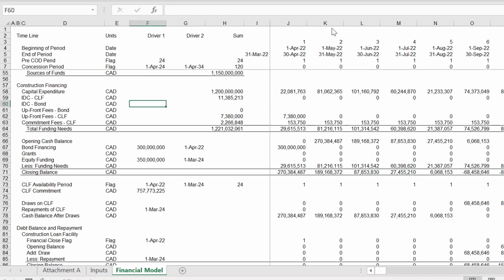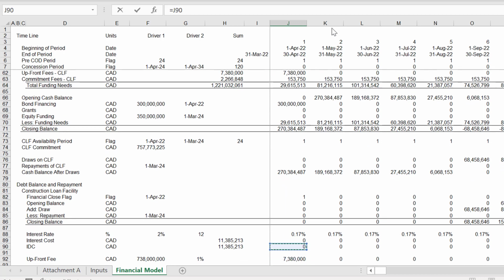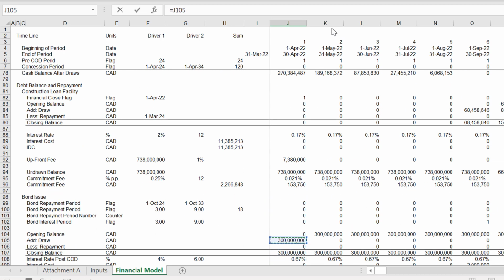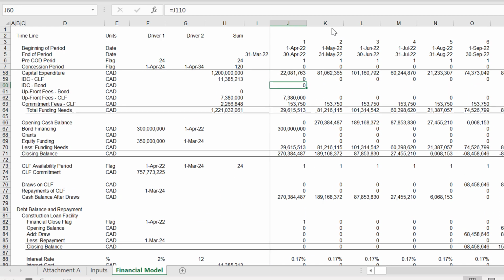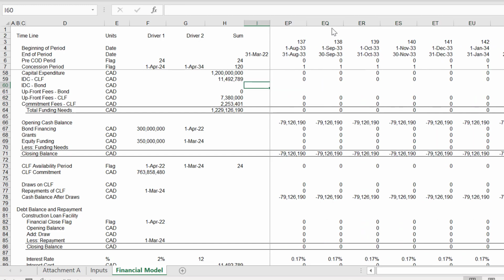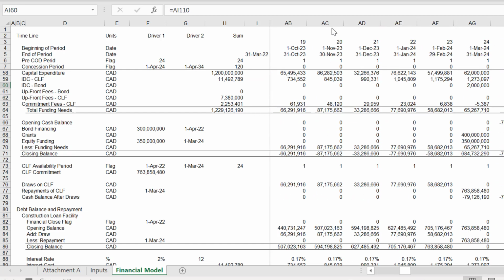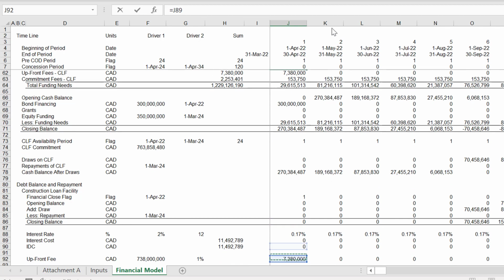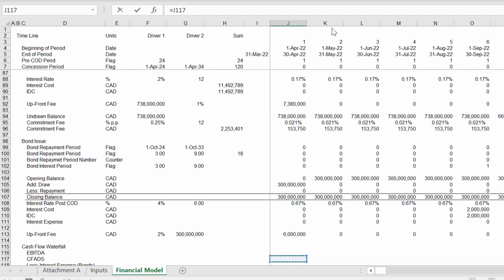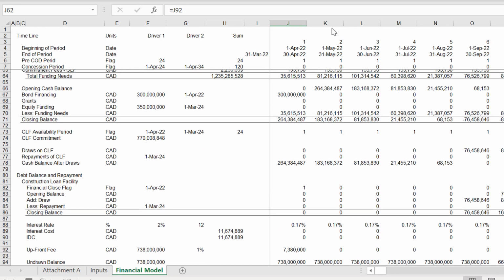Okay, and let's go downstairs and find our bond interest during construction. This was a little bit different. Okay, we had it going up and down just every 6 months. And then let's put our upfront fees. Remember, we don't have a commitment fee for the bond because it all gets issued at a single time.